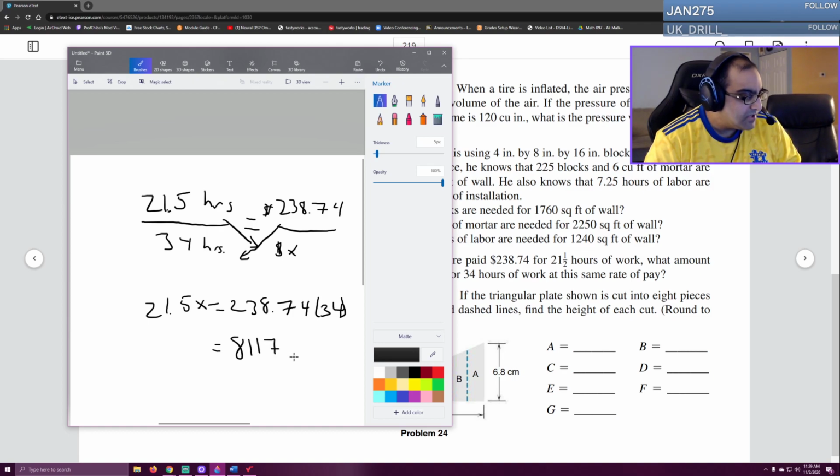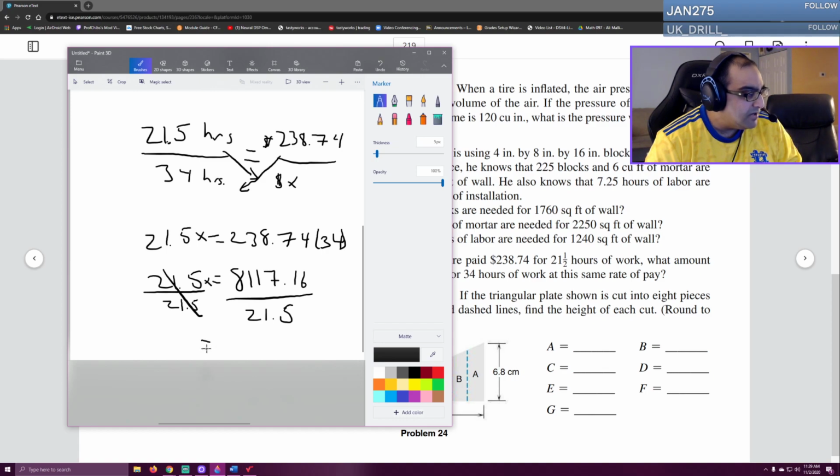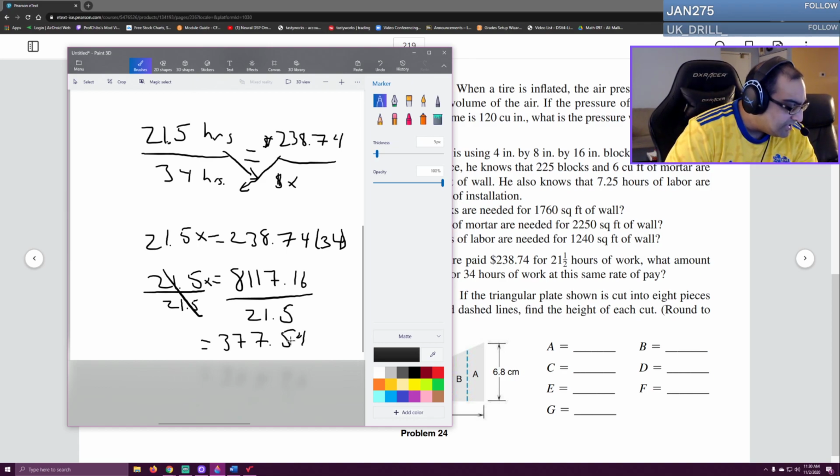So we get 8117.16 divided by 21.5. And then we go ahead and see what we get here. So here we're going to get 377.54. Okay. And there we go. Just did a little bit of algebra there, and we got it. Nice.